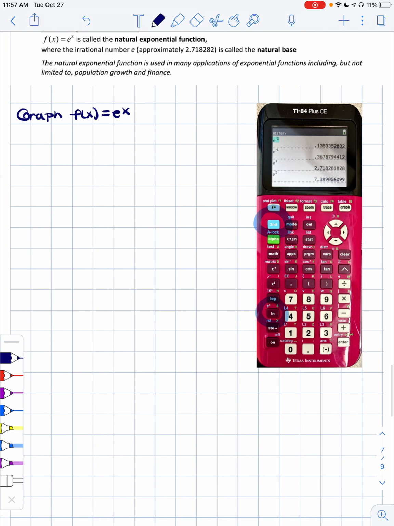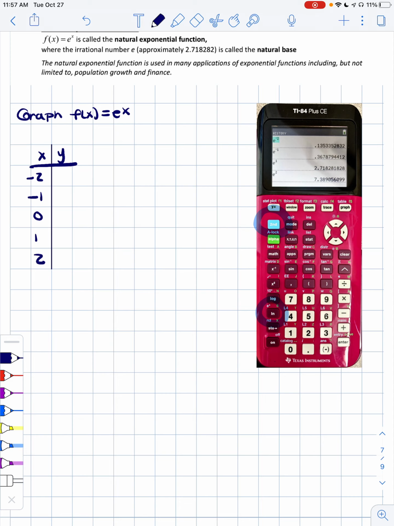So let's go ahead and make a little table as we've done in the past. I'm just going to go with the same -2, -1, 0, 1, and 2 for my x's.